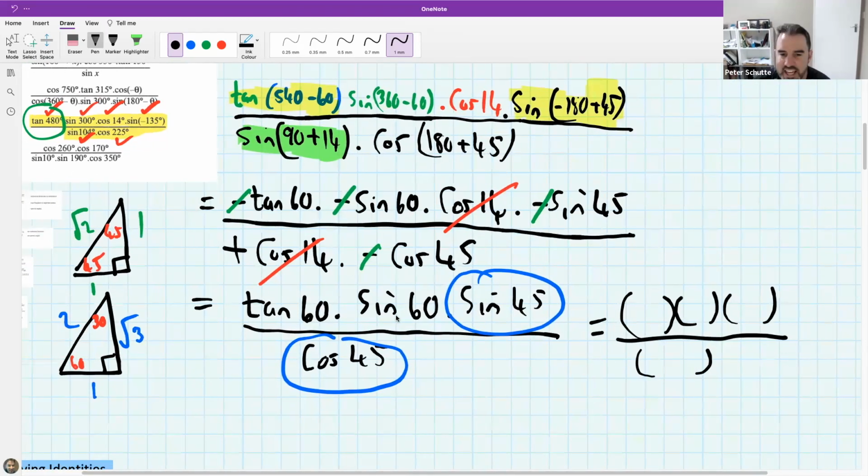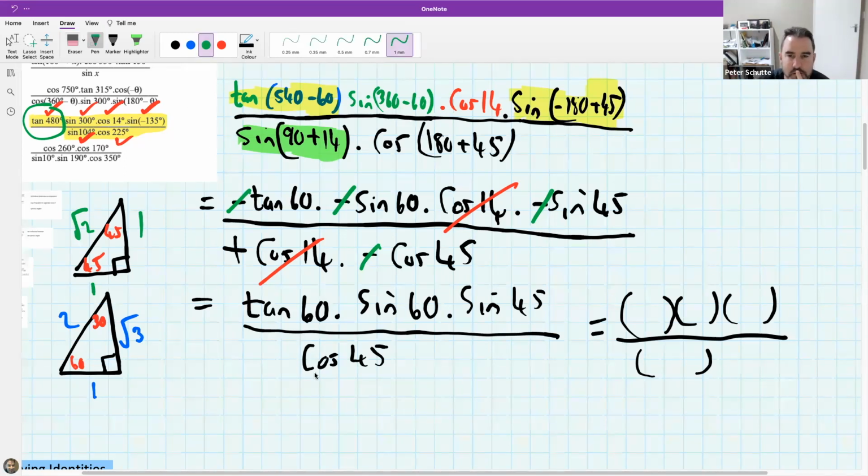The one sneaky thing you could do is the cos of 45 can actually be written as the sine of 90 minus 45. And then what can you reduce the cos of 45 to? What can the cos of 45 be rewritten as?